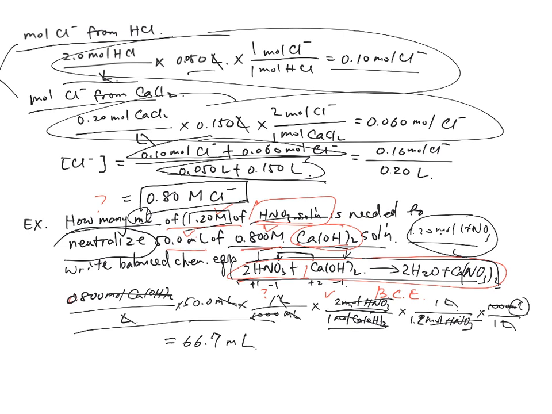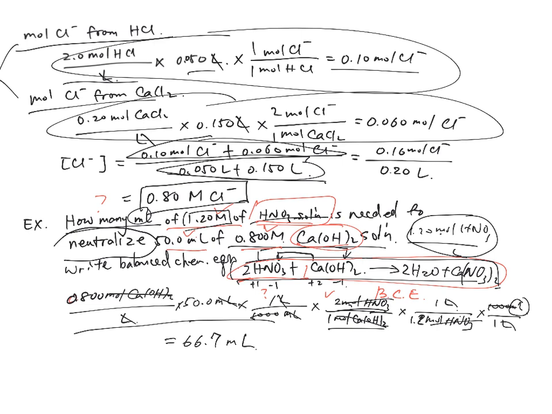You can only use that M1V1 M2V2 approach in some chemical reactions. It doesn't apply to all. As a matter of fact, if you do M1V1 M2V2 for this particular problem, you're going to get a totally off result.